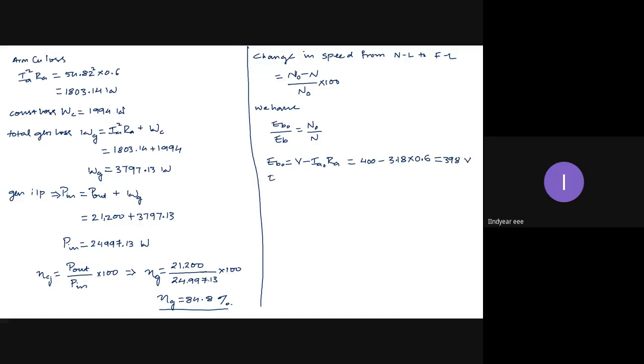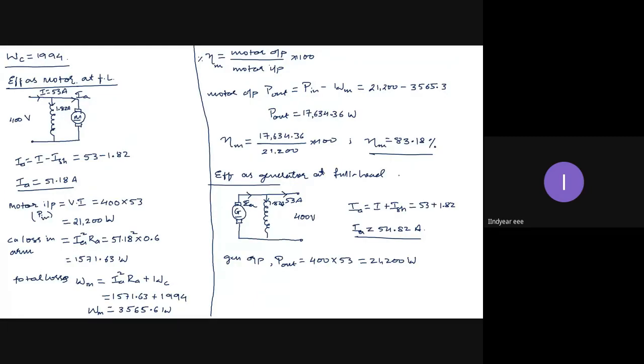Similarly, EB at full load is equal to V minus IA RA, where IA is the full load armature current. So 400 minus IA, we have to consider it for motor, not for generator.